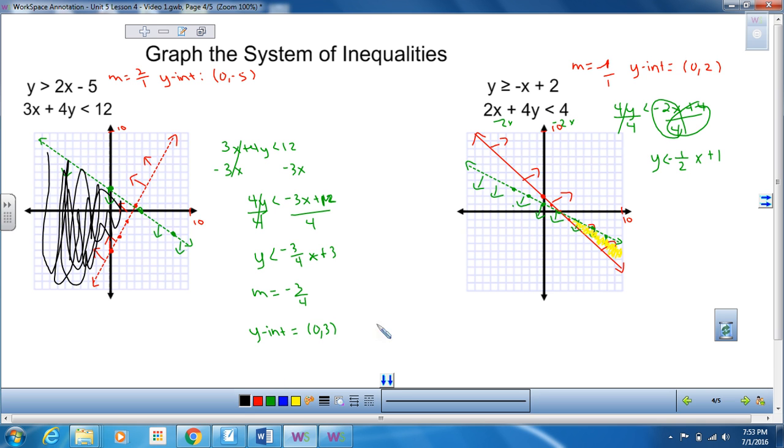Okay, so now let me pick a point in this overlapping region, and we'll check that one, and hopefully this time it's correct. So I'm going to try 6, -3.